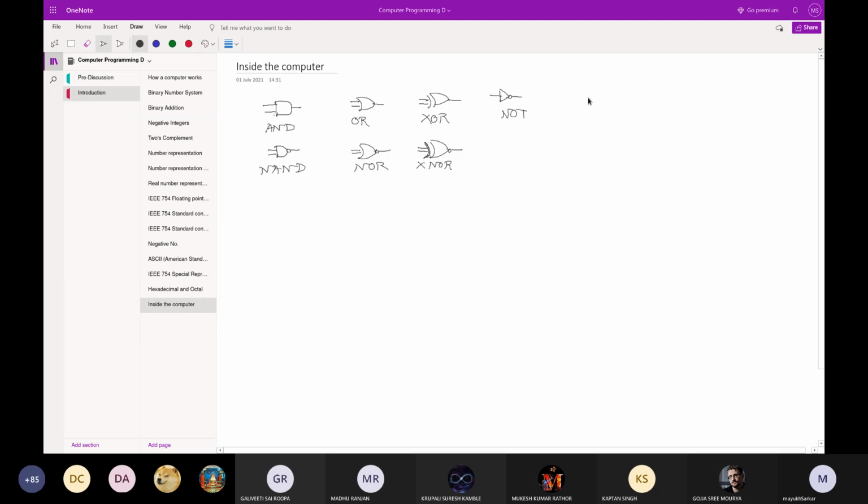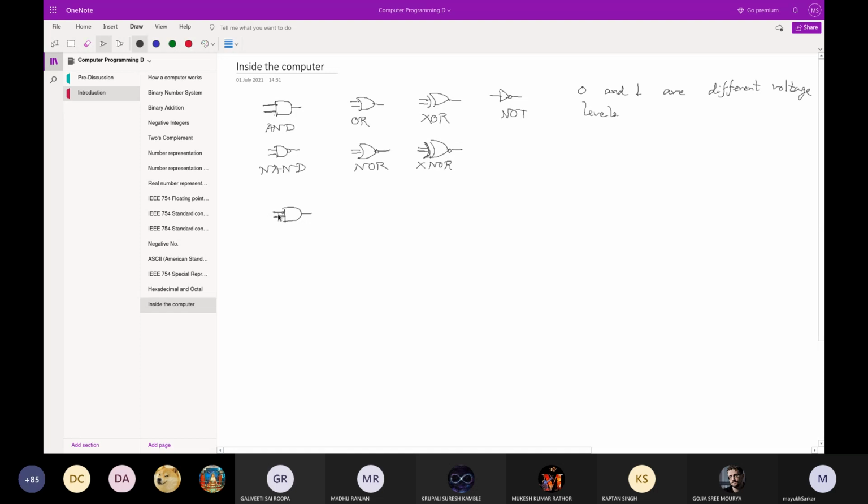Eventually, 0 and 1 are different voltage levels. Suppose you have created an AND gate using transistors, and you want to do the operation between two 1 bits.